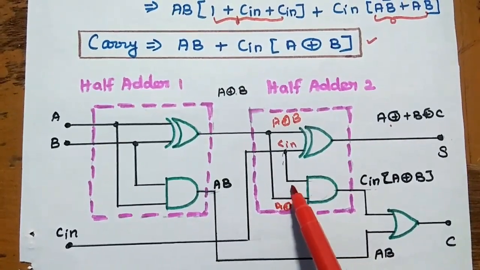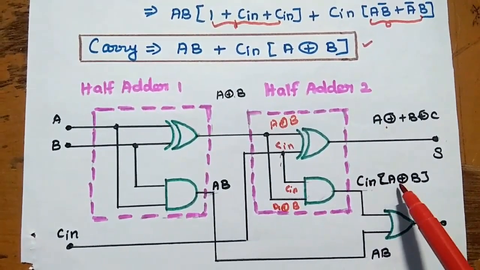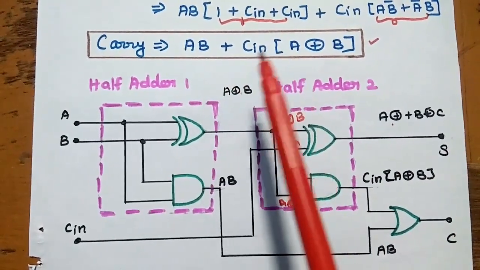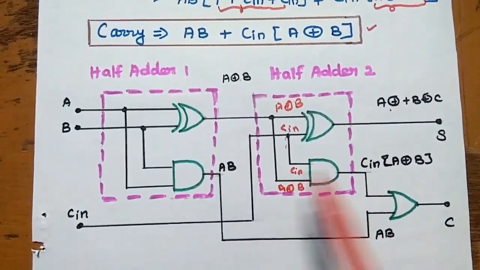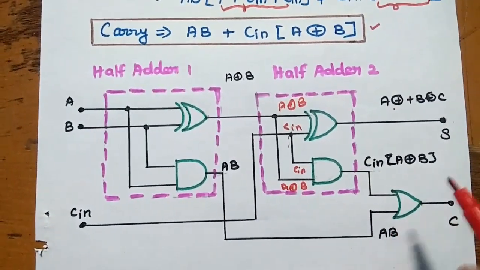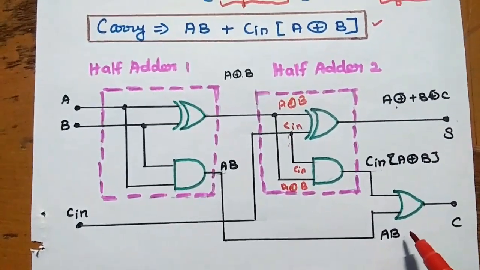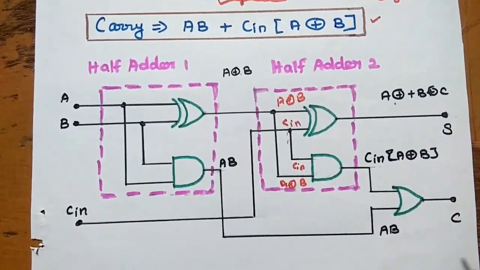So now we obtain Cin multiplied with A XOR B. What is carry? AB plus Cin times A XOR B. The outputs of these two AND gates are added together using one OR gate, and we obtain carry from this OR gate.